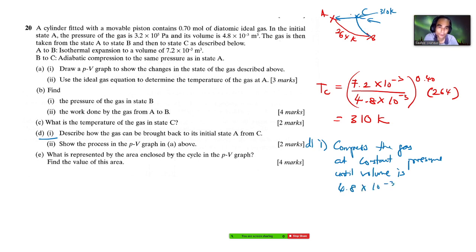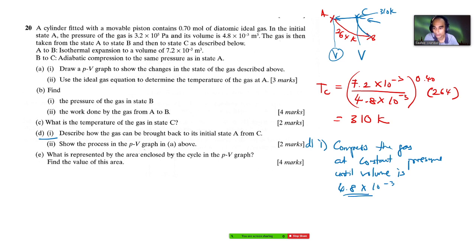It means that you compress because C has its own V and A has its own V. So we just compress it until V equals 4.8 times 10 power negative 3, with a constant pressure.